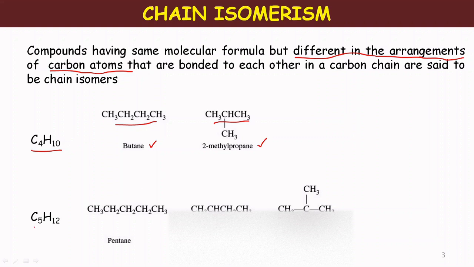Similarly, if you take C5H12, the compounds 2-methylbutane and 2,2-dimethylpropane are chain isomers. So molecules with the same molecular formula but differences in carbon chain length are said to be chain isomers, and the phenomenon is known as chain isomerism.